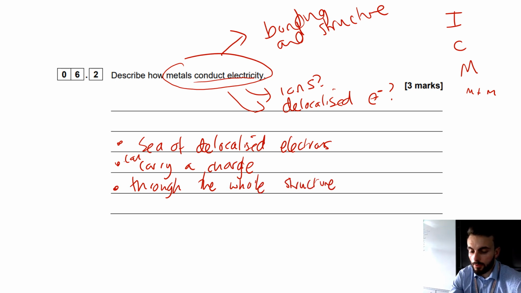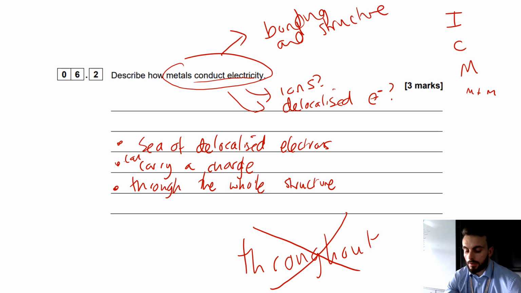You cannot put throughout, because they've got to go in a specific direction. Throughout implies that they go everywhere, all over the place. So if you put throughout, it's wrong. You have to put the word through.